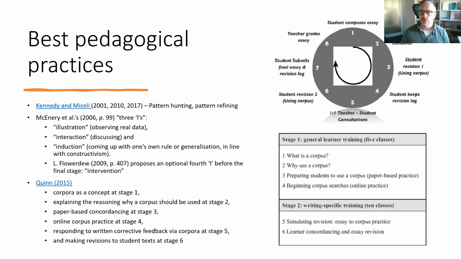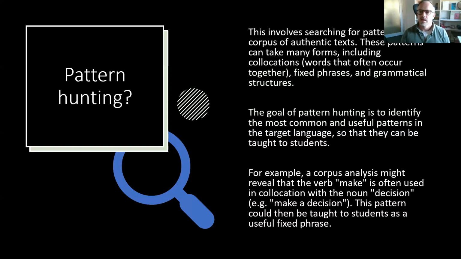But having students use corpora as part of an overall suite of tools that they use to help understand issues with their writing, how to overcome and respond to teachers' written corrective feedback in that space has been done and is certainly a very productive area of teaching and research practice at the moment around the world. So what do we mean by pattern hunting?